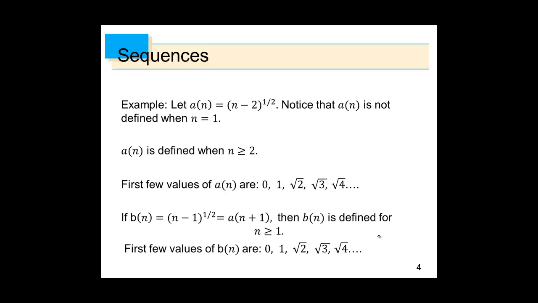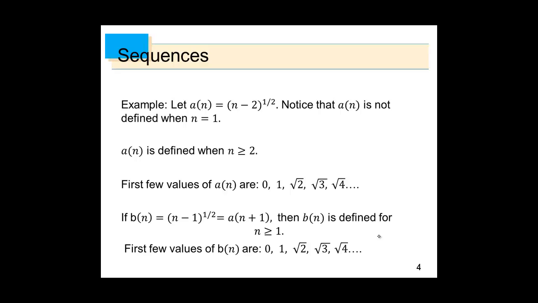But here, the domain starts at 2, right? So why am I saying that it is still a sequence? Well, it can start anywhere, in fact. But I can always change the formula in a way so that I can start at 1.